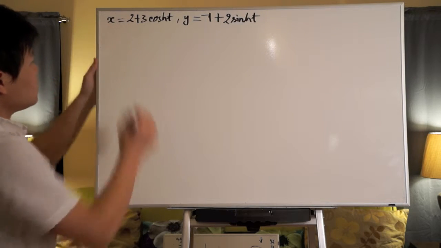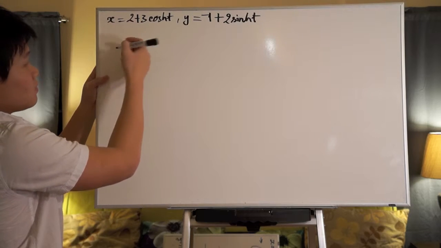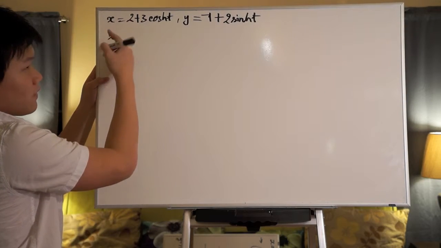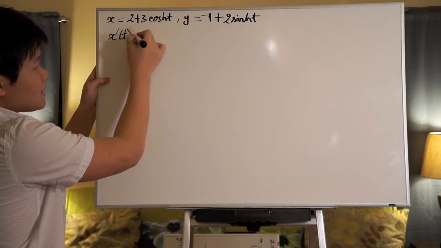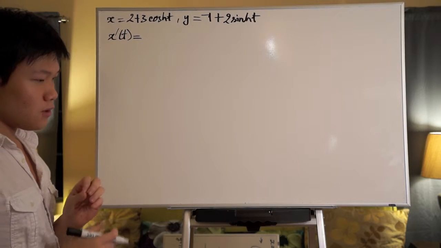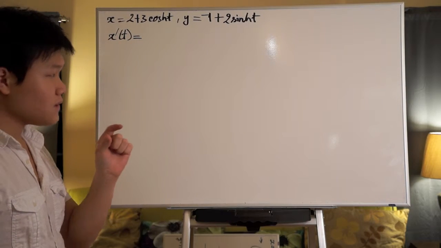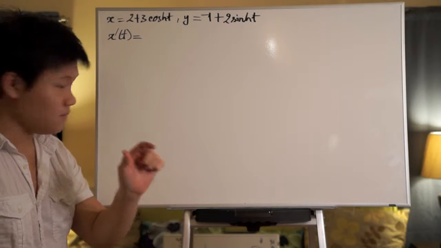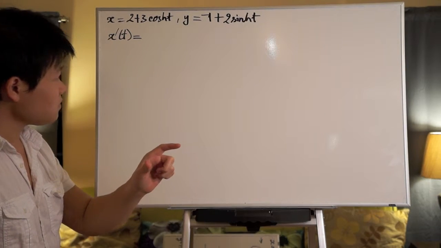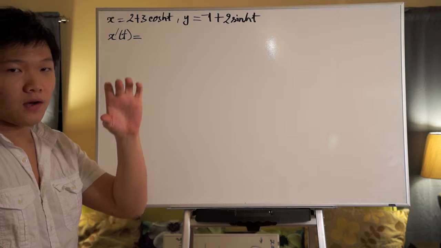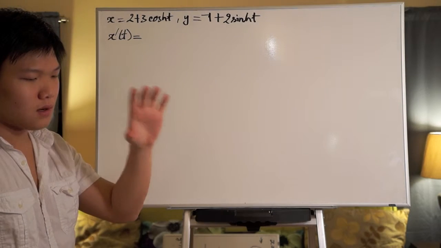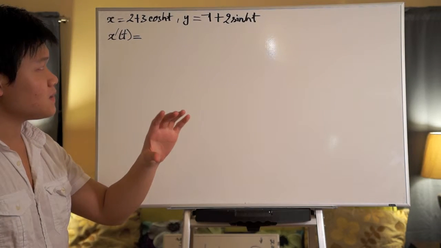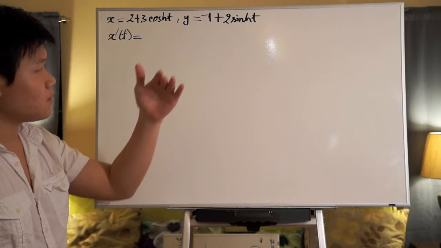So now we may try to take a derivative of this. The reason why we take the derivative is that we want to see how the horizontal coordinates are behaving, and how the vertical coordinates are behaving as t progresses.